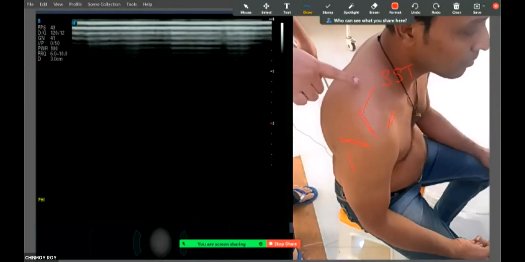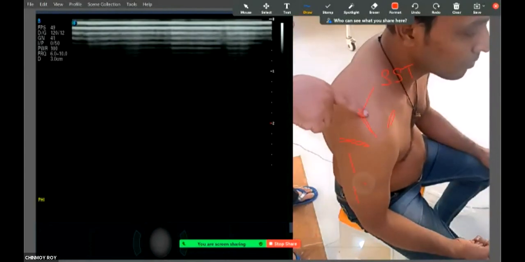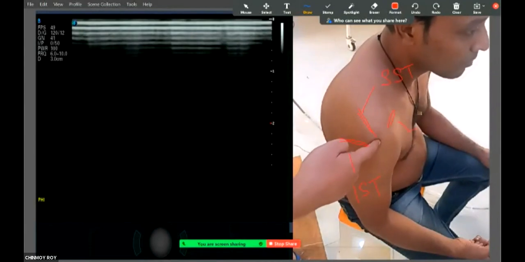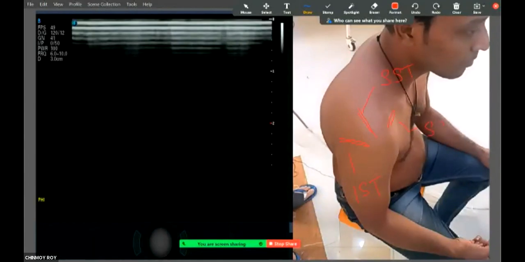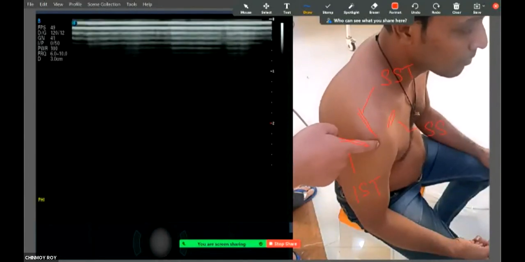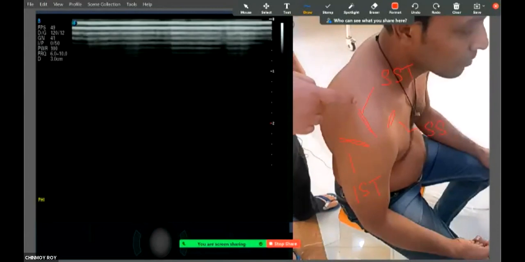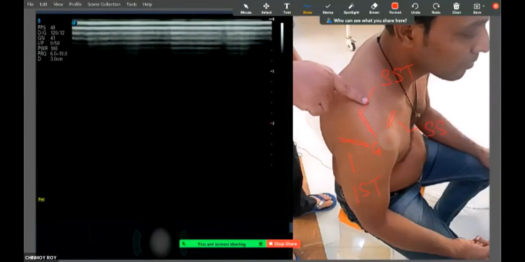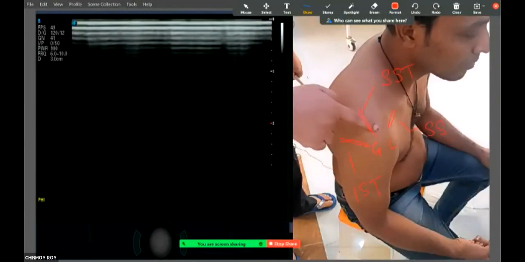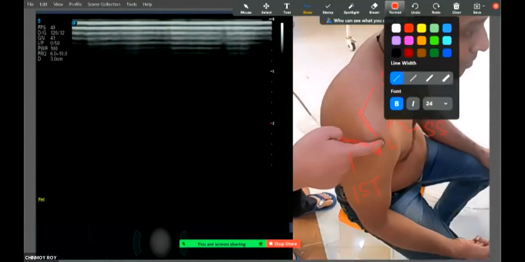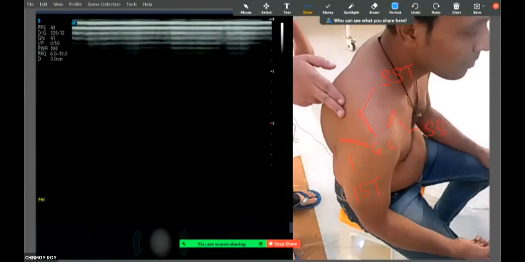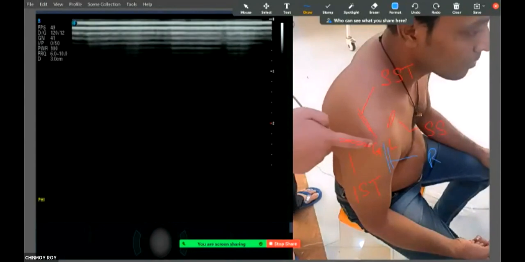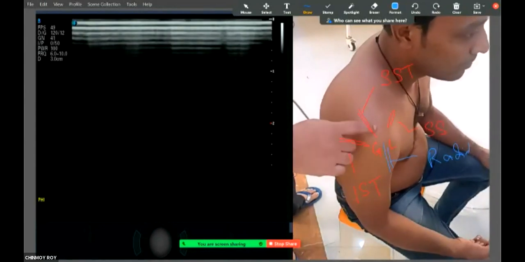From here, the supraspinatus will go to the greater tubercle of the humerus, and here it will be the lesser tubercle. The supraspinatus will go to the greater tubercle of the humerus, and then the infraspinatus will go from this place to this place, just below the supraspinatus insertion.